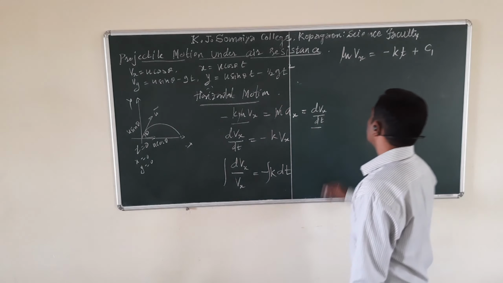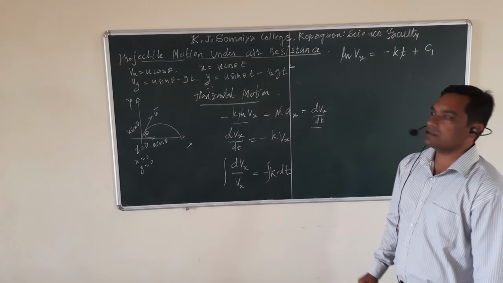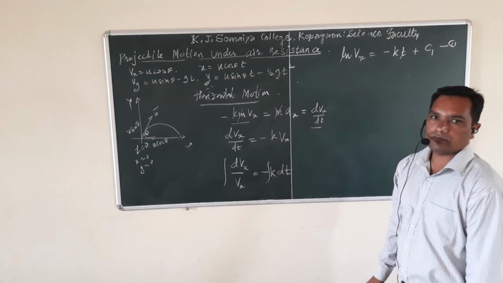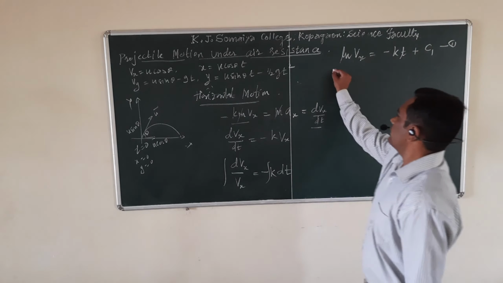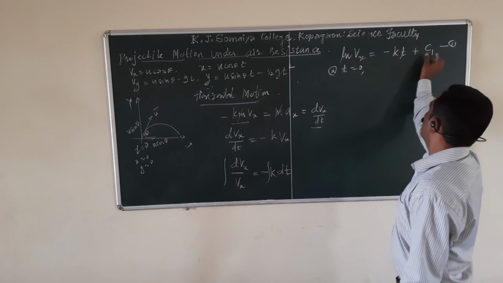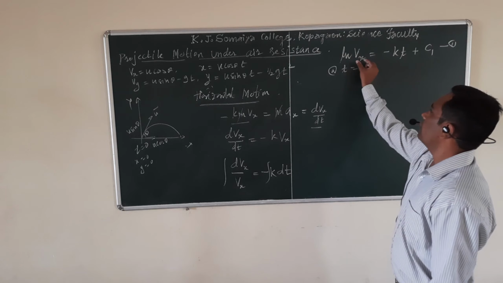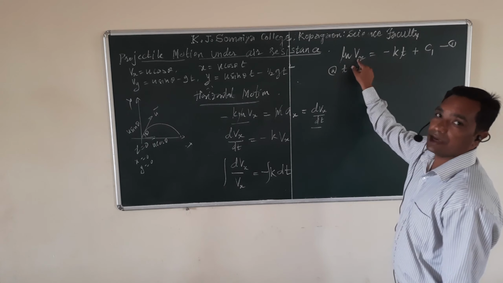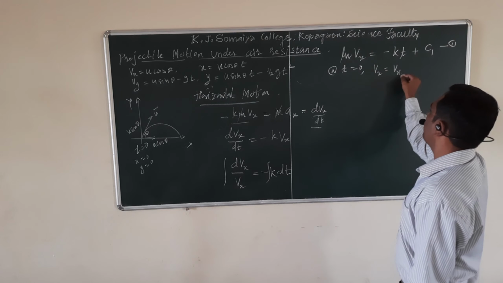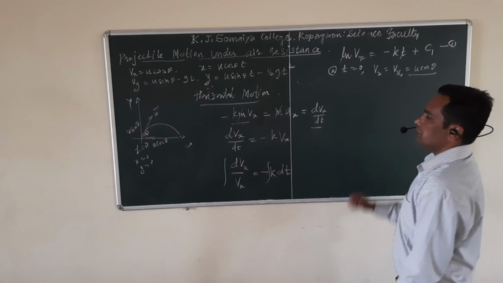Now to find the value of c1, we have to put the initial conditions in this equation. Call this equation 1. At t equal to 0, look at this equation: we put the value of ln of vx, where vx is equal to vx0, which is u cos theta. This is the initial position.